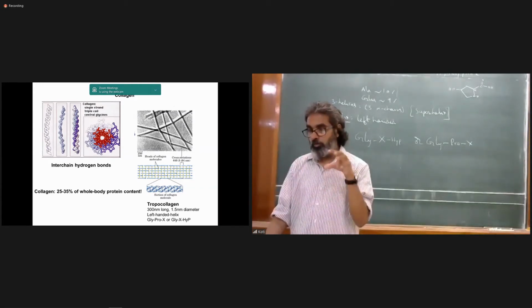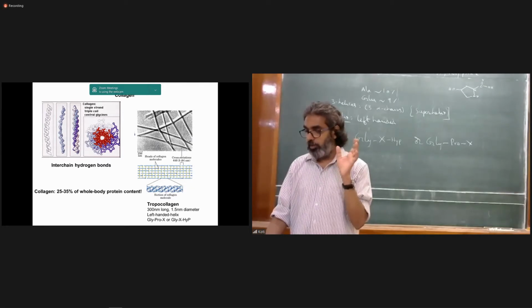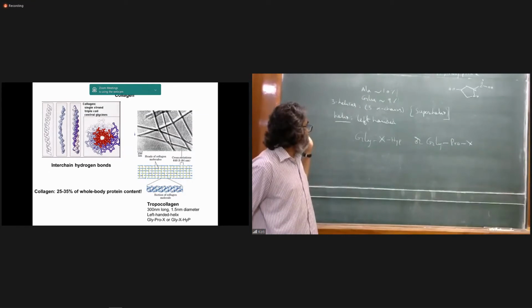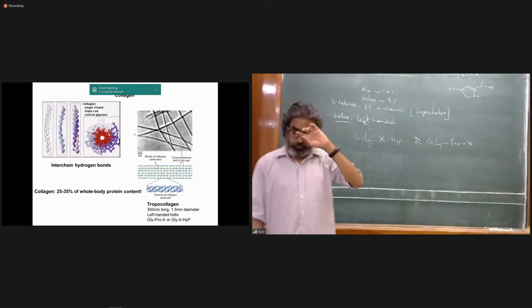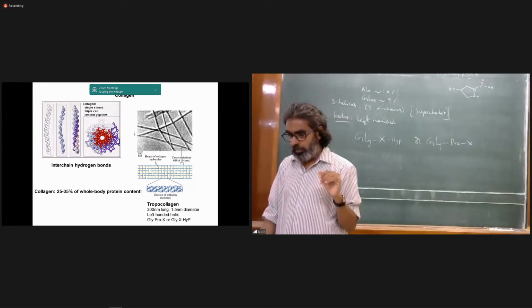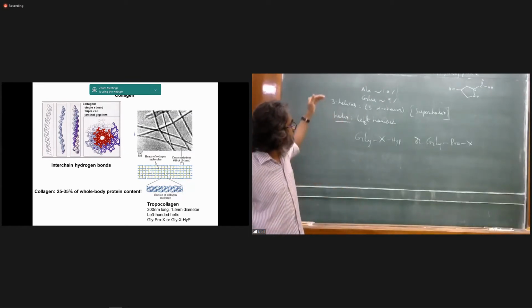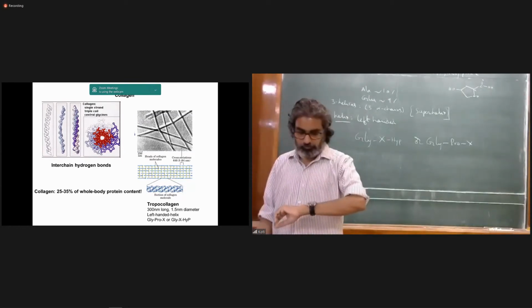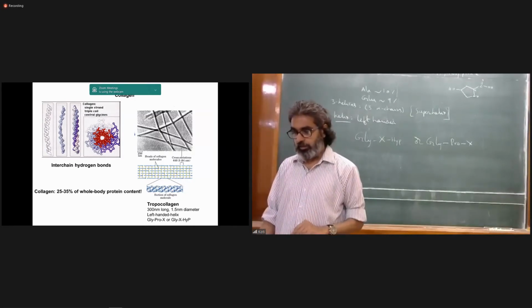So what is the X? X can be any other amino acid. You can have the remaining 18 amino acids like alanine, glutamic acid, everything, maybe with a slightly higher percentage for alanine and glutamic acid.